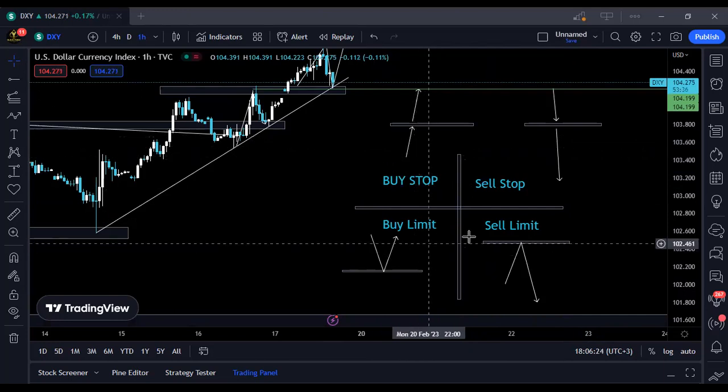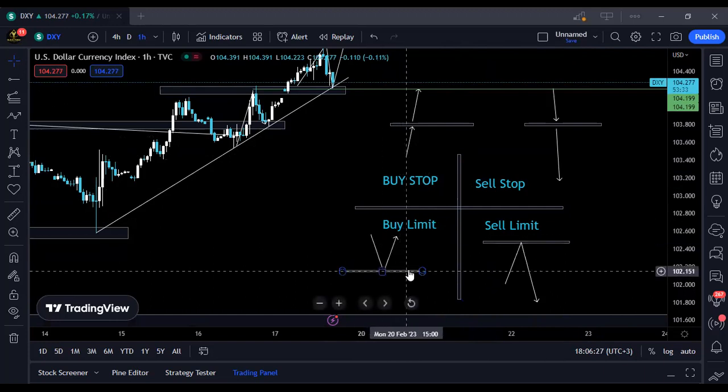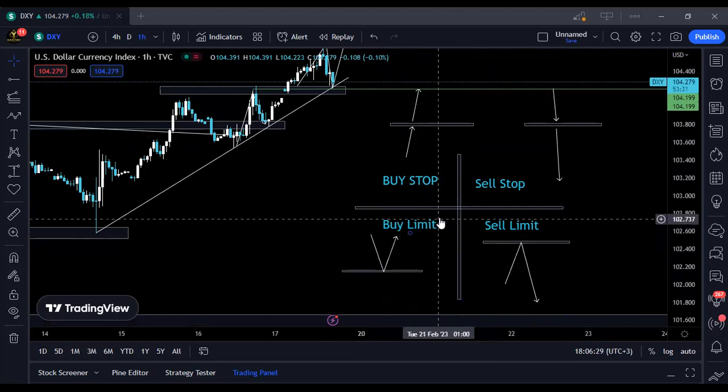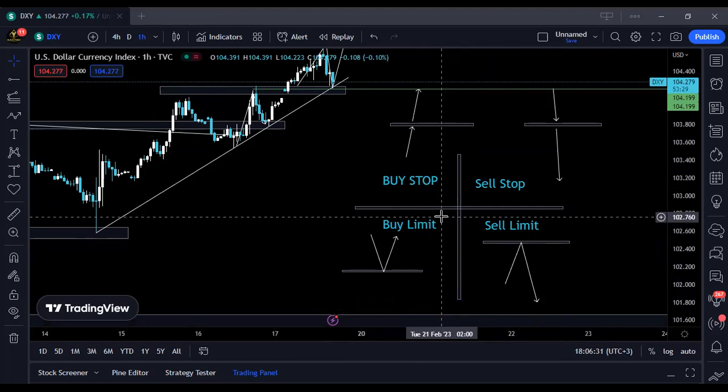But with limit orders, you believe once prices reach a certain place, they'll reverse and go the opposite direction.